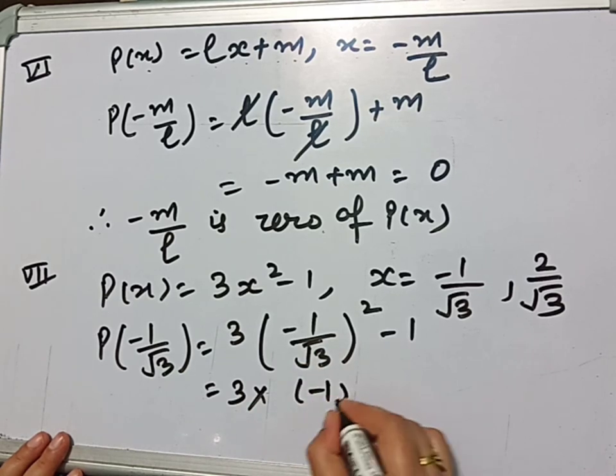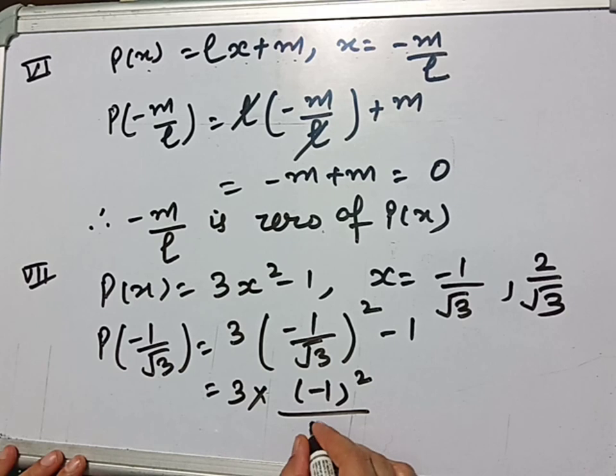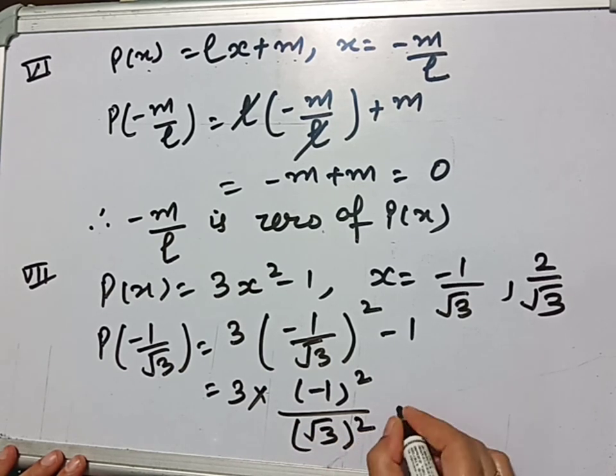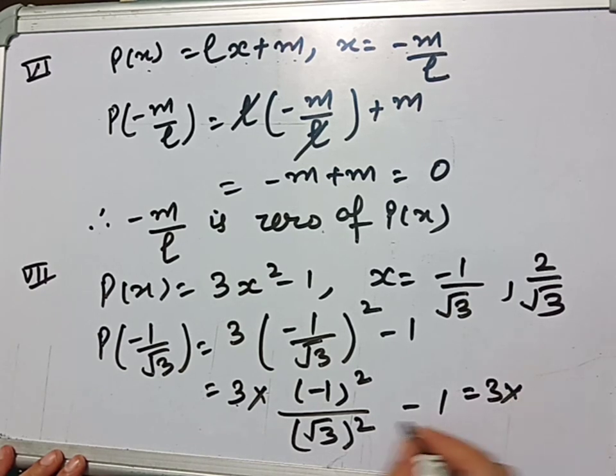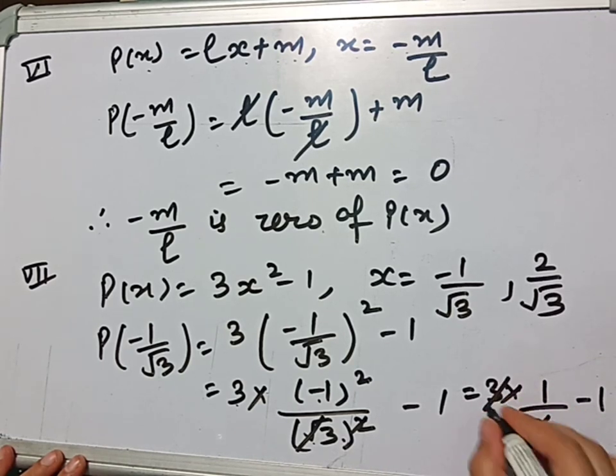Now separate the square of numerator and denominator. 3 into minus 1 square, 1, and root 3 square is 3, minus 1. 3 into 1 by 3. 3 can be cancelled out. 1 minus 1, that is 0.